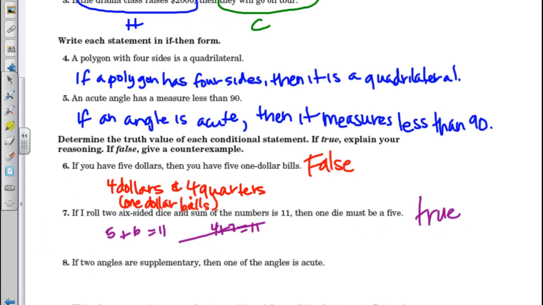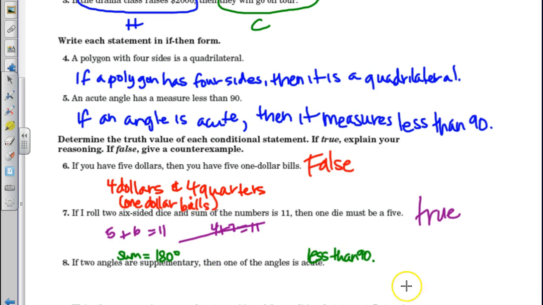All right, number 8. If two angles are supplementary, one of the angles is acute. If two angles are supplementary, remember that means two angles adding to be 180, their sum is 180, then one of the angles must be less than 90. I like to write those definitions up there so we can really think about it. Well, in most cases that would be true, but I can think of a counterexample.